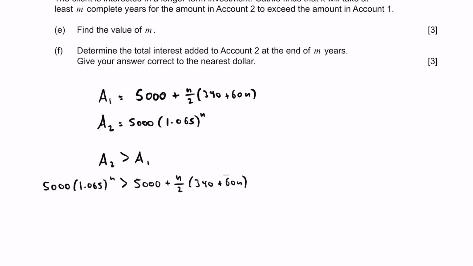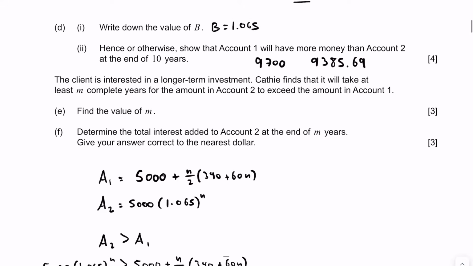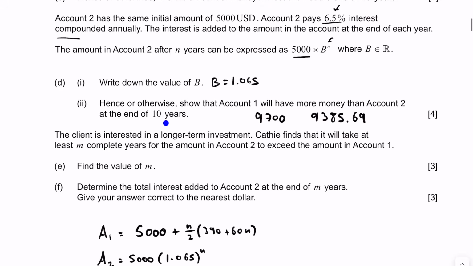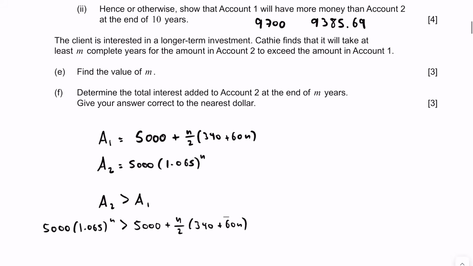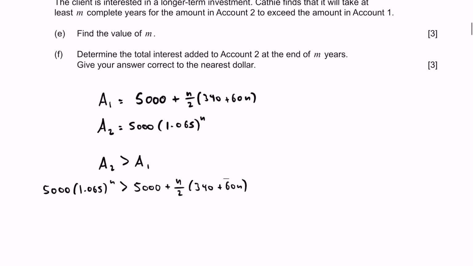So we know, or I guess we can assume in some ways, that after 10 years, account 1 was greater than account 2. But since account 2 is an exponential, that means it grows like this, eventually this will catch up to account 1. So one possible strategy is to set these equal to each other and find the value of n that makes this true. In what year are they going to be equal to each other?